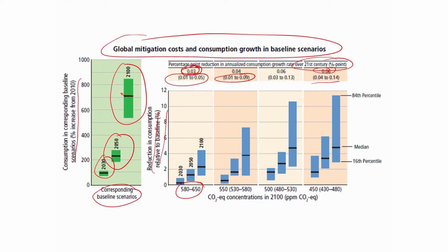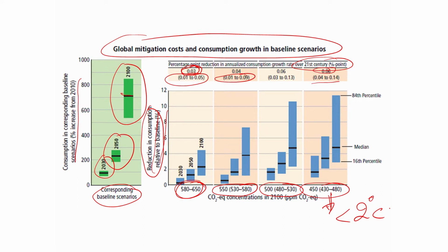So, higher the emission you allow, less reduction in consumption is required, but as you reduce the carbon dioxide we want to allow in the atmosphere as we go into the future, remember that this is the range that is going to keep the warming below 2 degrees centigrade. That is something you should always kind of try to remember.